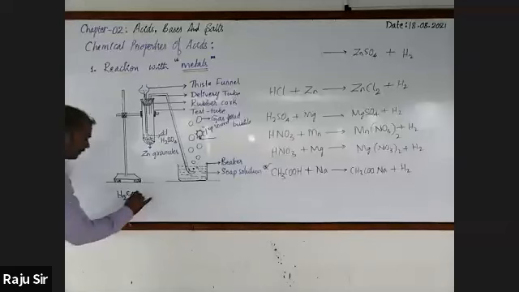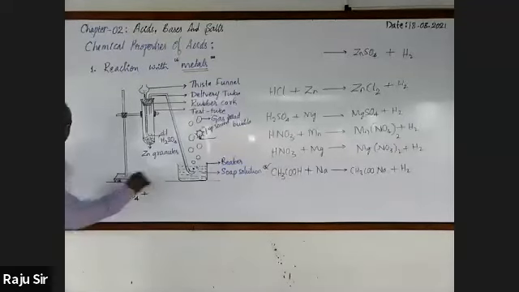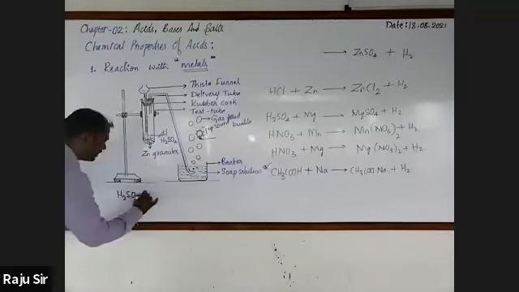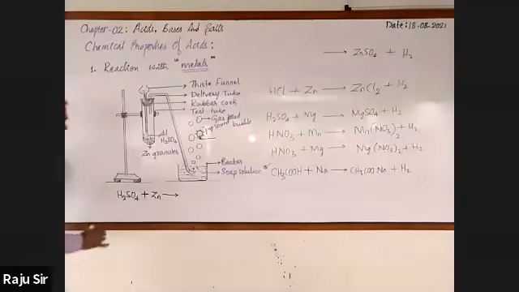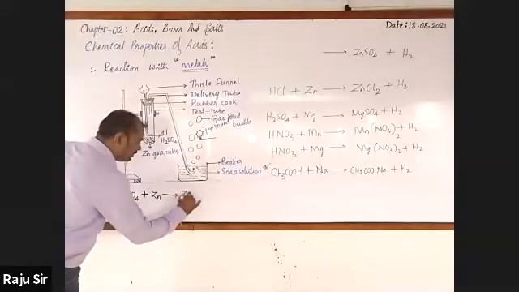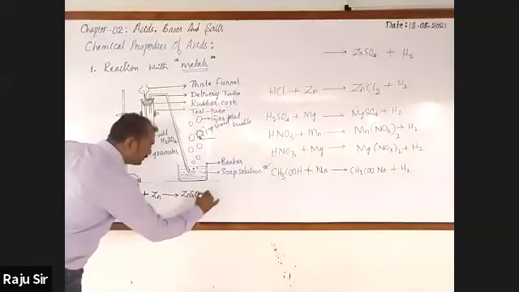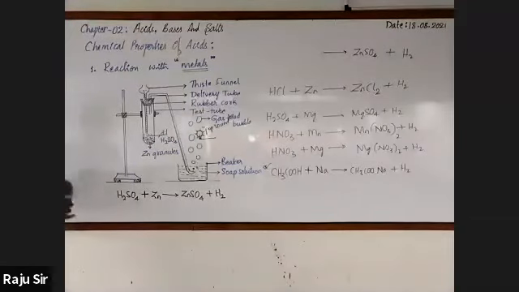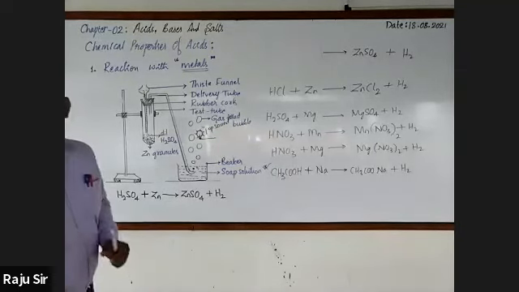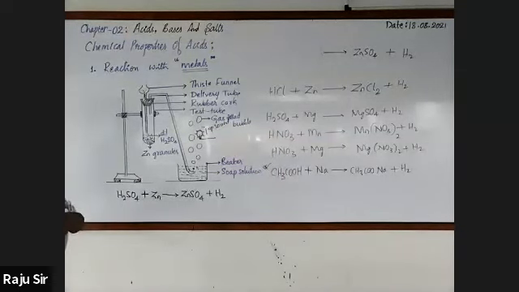Just below this figure, write dilute H2SO4 plus Zn gives rise to ZnSO4 plus H2. How do you make it more informative? You can balance it, no problem. Evolution of hydrogen is shown with an upward arrow mark next to hydrogen.